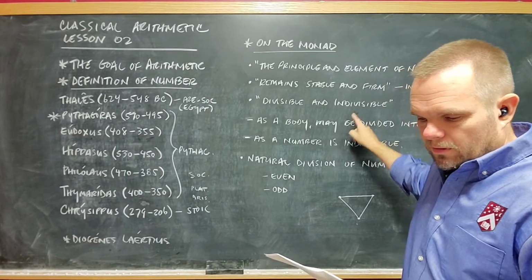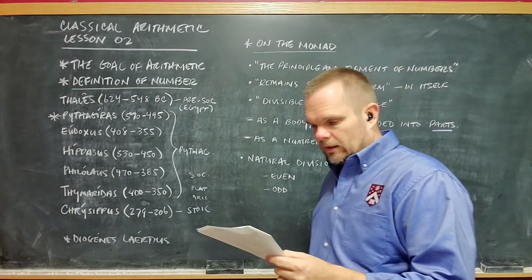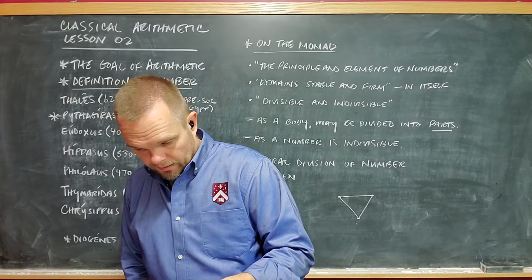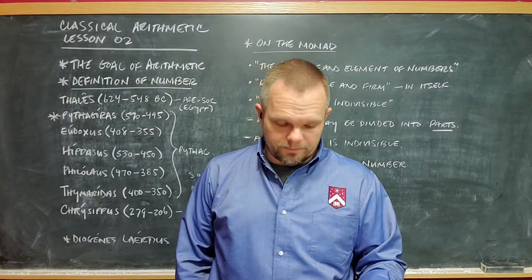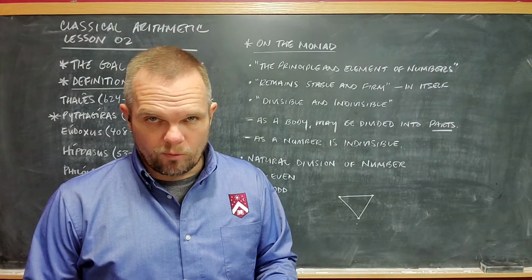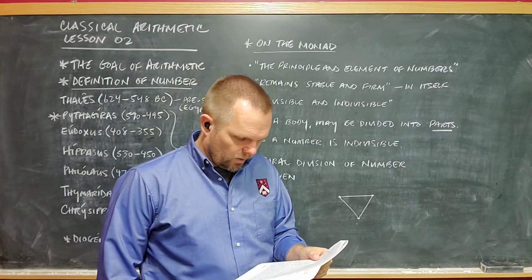For another number, when divided, is diminished and divided into parts less than itself. Thus, for instance, the number 6 may be divided into 3 and 3, or into 4 and 2, or into 5 and 1.